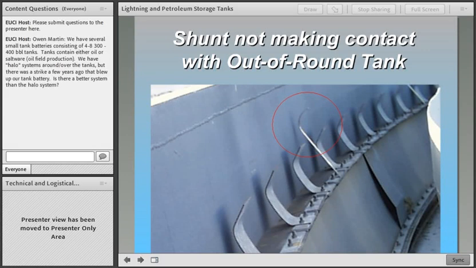In this case, the shunt is obviously not making contact with the shell of the tank. Here you can see this photo was taken from the long axis of the tank when it was out of round. As you can see here, the shunt, this thing here, which is being relied on for the electrical bond between the roof and the shell, is simply not making contact with the shell at all.